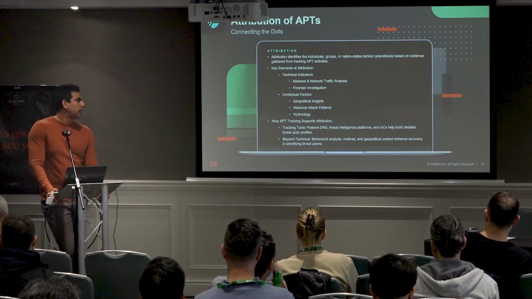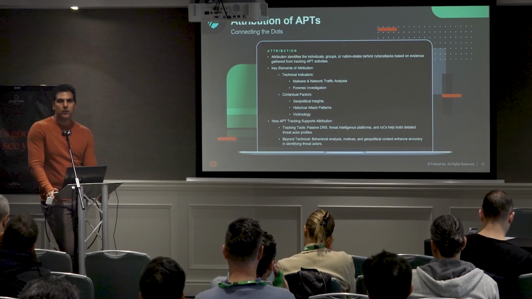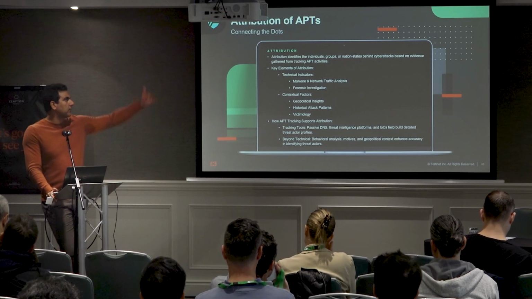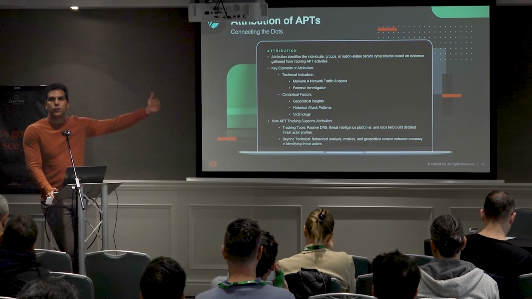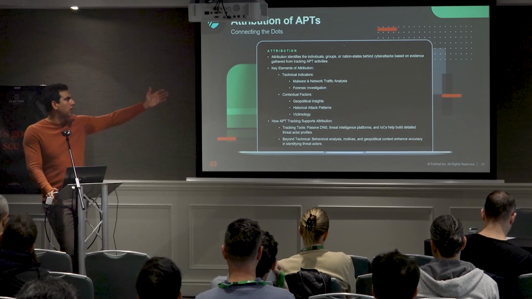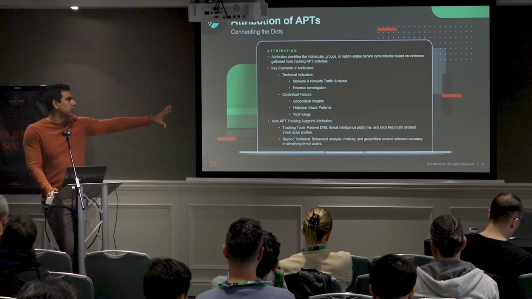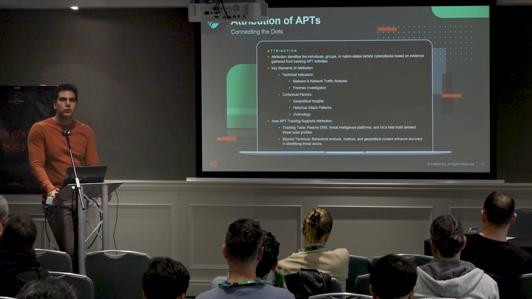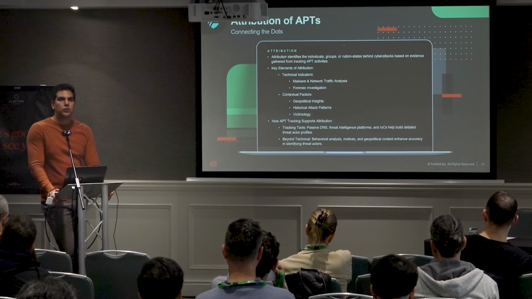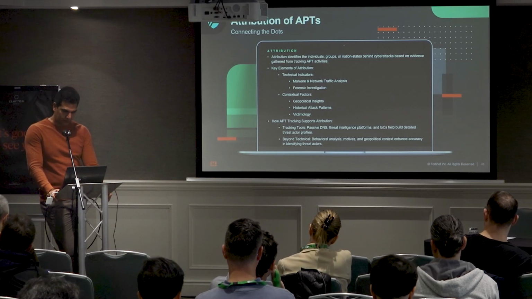APT tracking really supports attribution on the technical indicator side. So if you do have good tracking in place, I would say you cover the category of technical indicators. So you just need to analyze the geopolitical situation and victimology to be able to have a precise attribution.